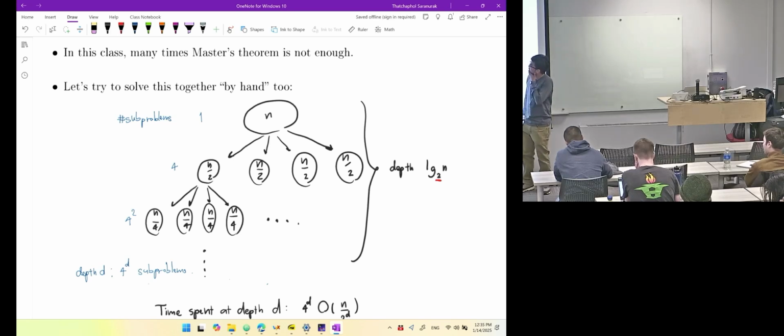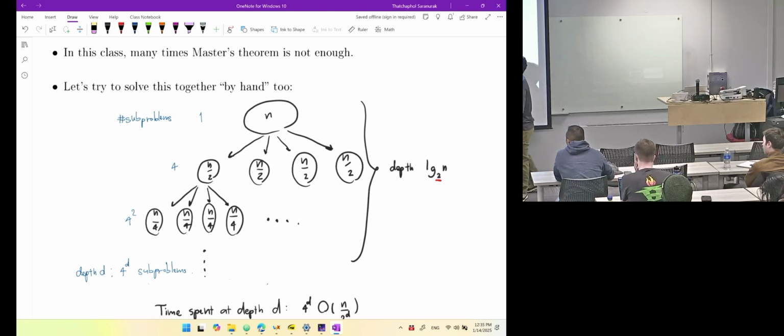Okay. And now let's count the number of subproblems per level. The first level is 1, the second level is 4, the next one is 4 squared, the next one is 4 cubed, and so on. So at depth d, the number of subproblems is going to be 4 to the d.